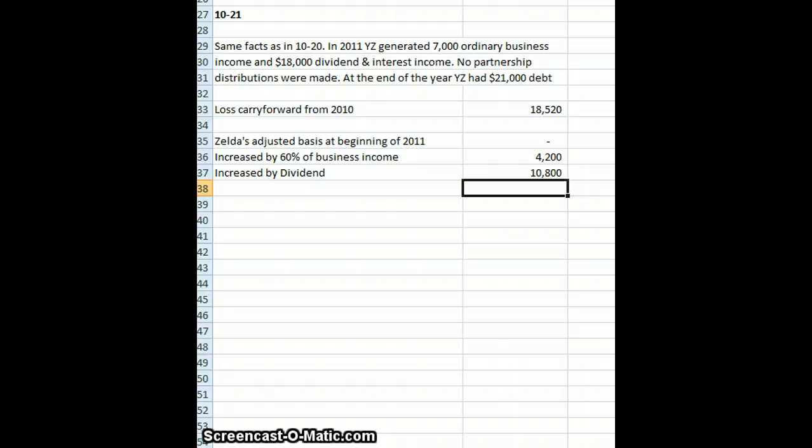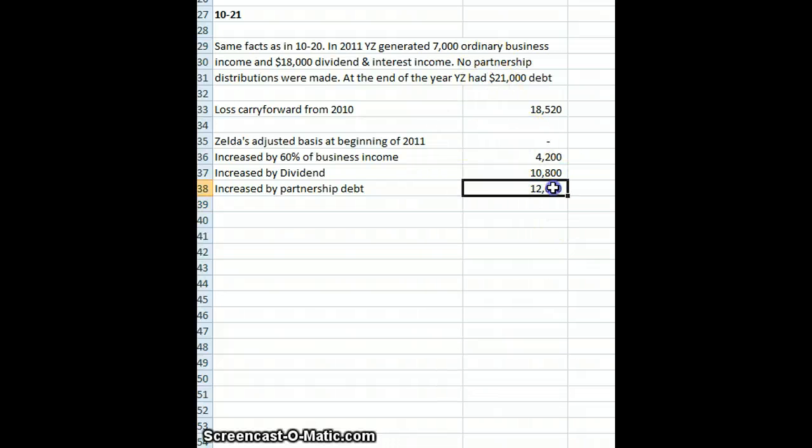Our share of the partnership debt is also going to increase our basis, and that's going to be our 60% of the 21,000 in borrowings, or 12,600.